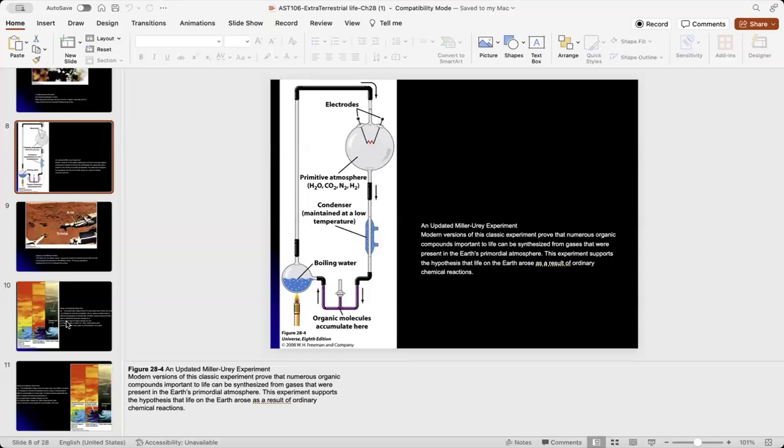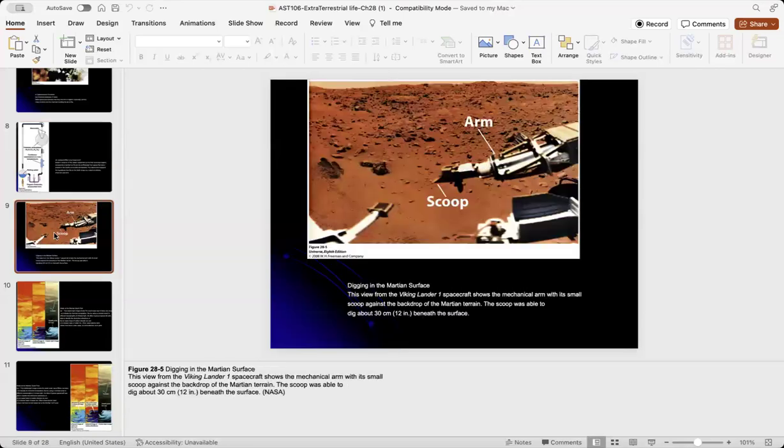So we have sent these various probes to Mars, and there were a bunch of experiments that were done on the soil of Mars to find if either life is present in the soil of Mars now, or if there was life present on Mars in the ancient times. So both kinds of experiments have been done. This is a picture of the Viking lander.